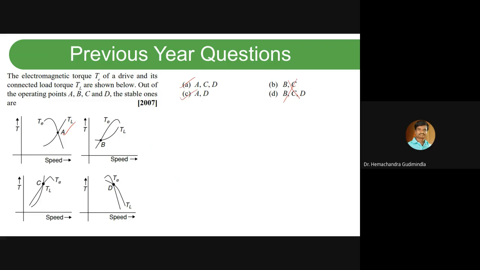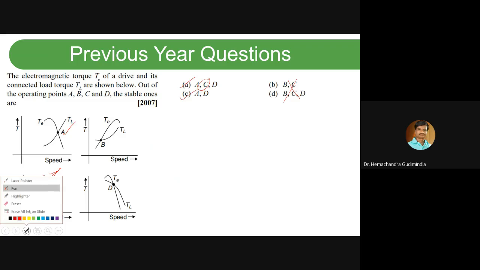So now we will check whether C is stable or not. It's easy to find the answer, right? Now if you look at point C, if I create a disturbance here, this is the acceleration direction, because speed is varying, right?